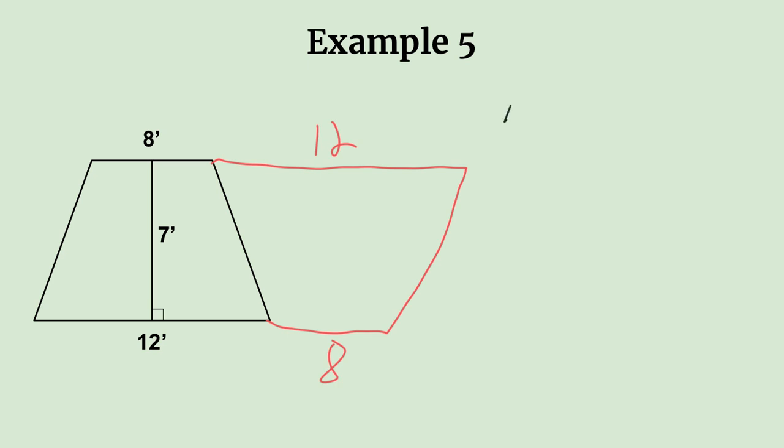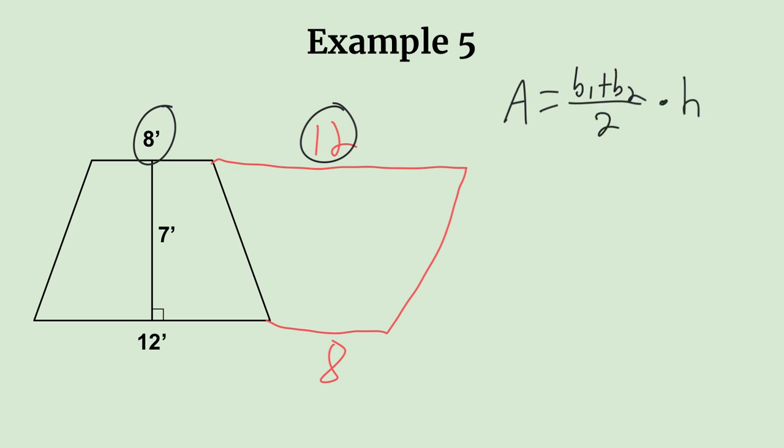So area of a trapezoid is base 1 plus base 2, this plus this, divided by 2 times the height. The height being 7 because it's perpendicular to the bases.